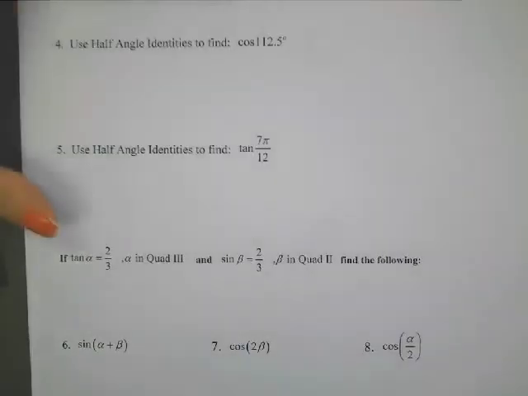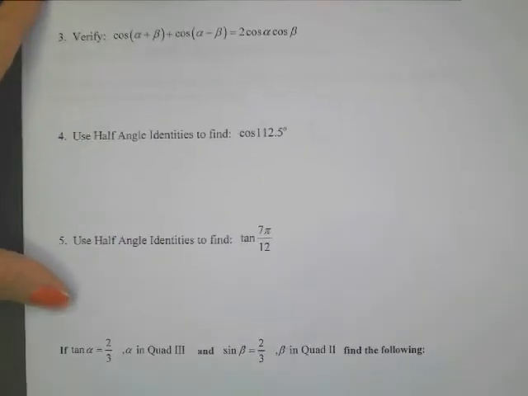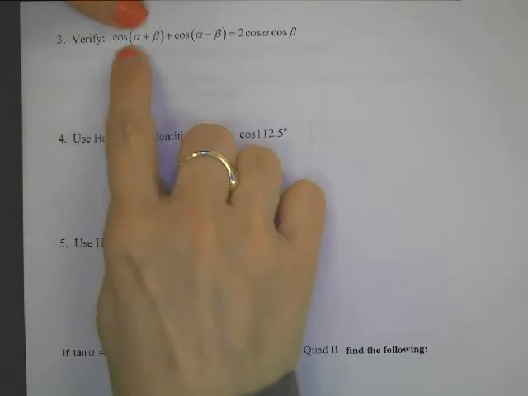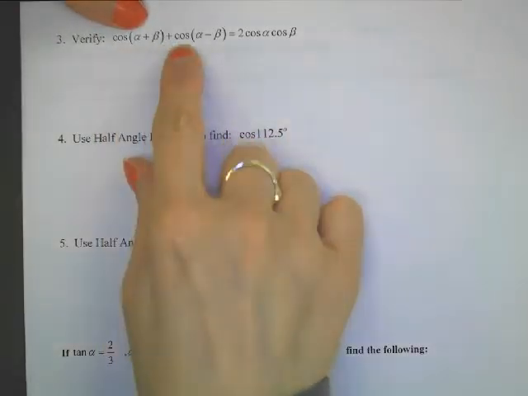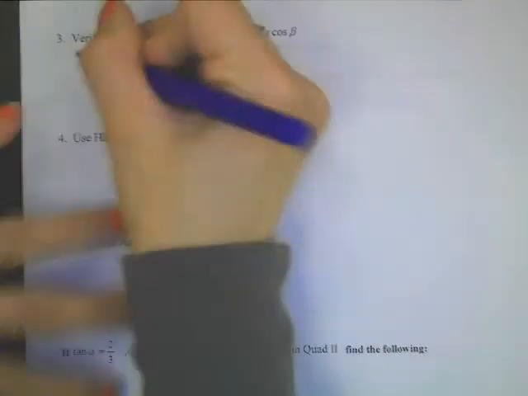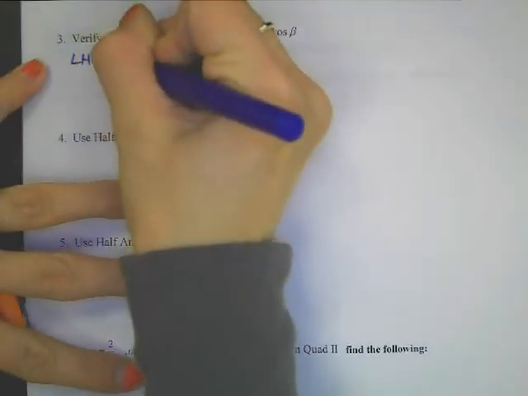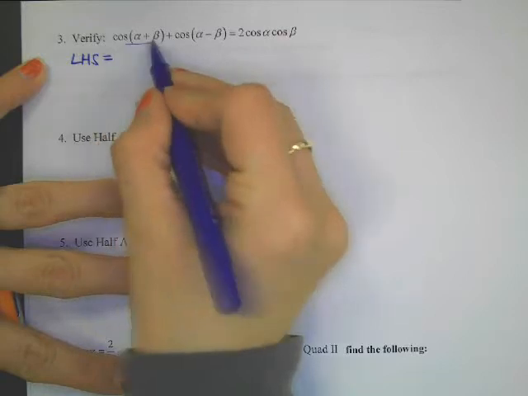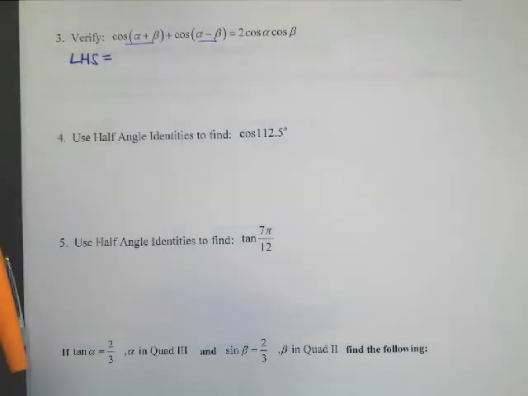Let's verify an identity. So we have to show how cosine of alpha plus beta plus cosine alpha minus beta makes that. So I'm going to pick left-hand side, and it seems like we might have to do a sum and a difference rule.